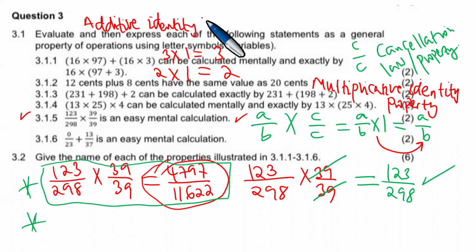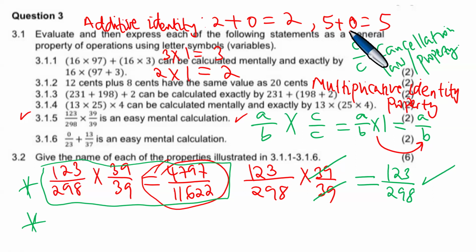For example, 2 plus 0 is 2, or 5 plus 0 is 5. It's a property of 0 that 0 does not change numbers under addition. So if you add 0 to any number, you get the same number. This is called the additive identity property.